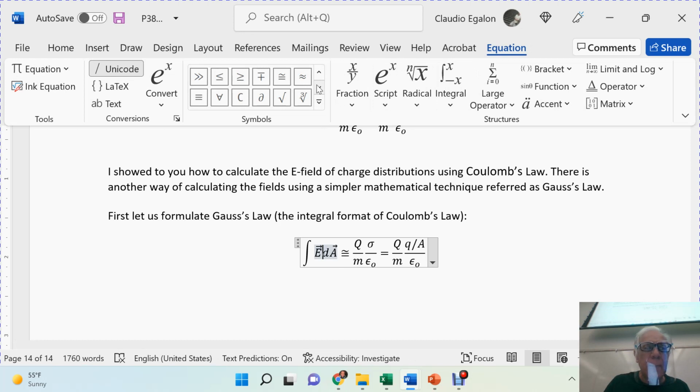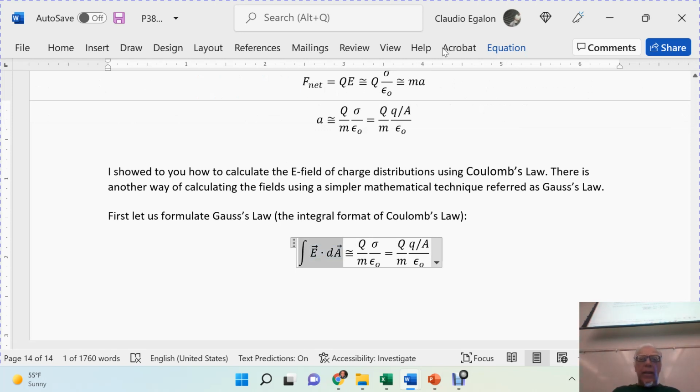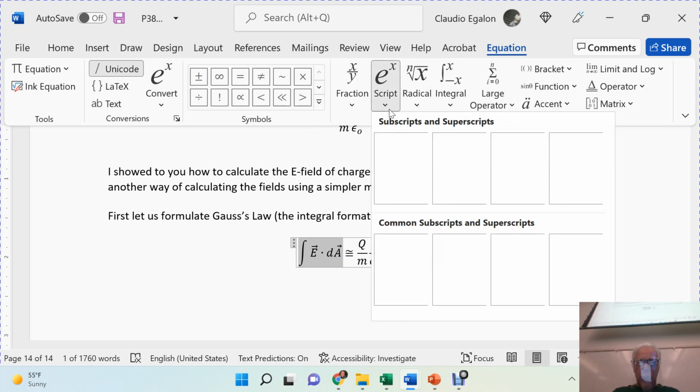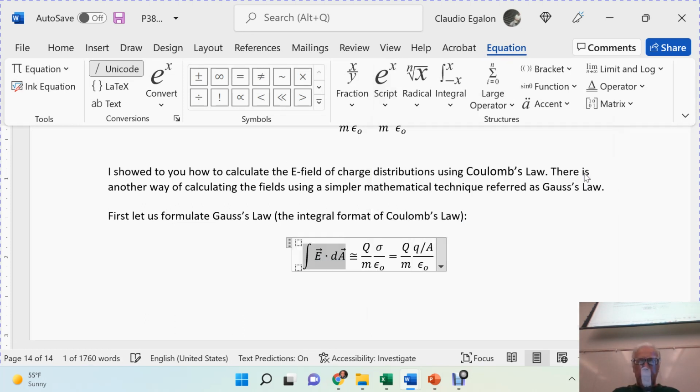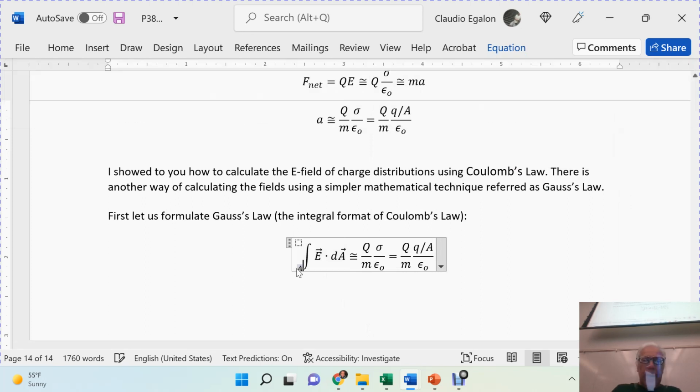Can you remember that? E dot dA. This thing here is integrated over the area.